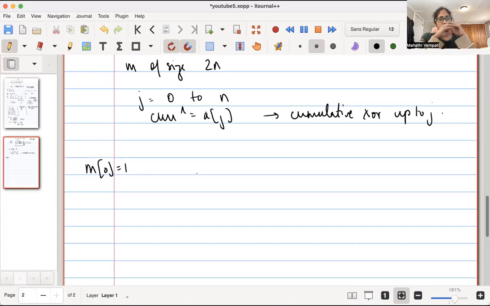Okay, keeping the inner loop aside, I'm just seeing what the outer loop is doing. Cur equals A of J, M of cur plus plus. So you are just doing cumulative XOR, and I see.